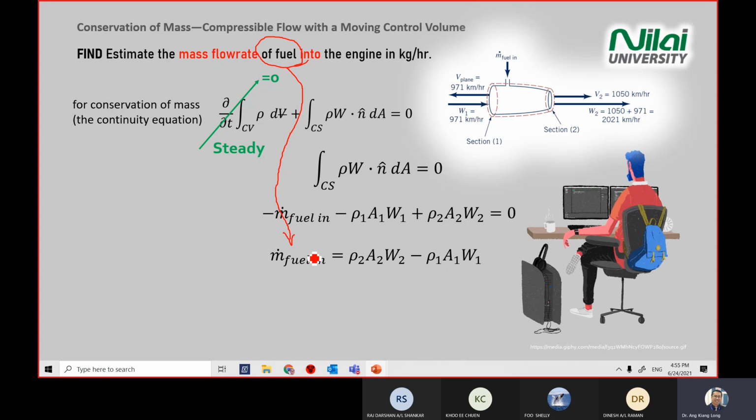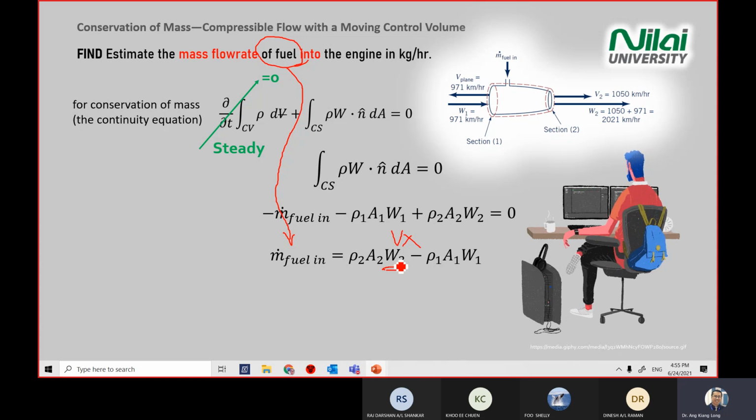Then, because we are interested in finding the fuel component, we just rewrite the equation. You put the m dot fuel in on the left hand side, then you move the other parameters to the right hand side. You will get m dot fuel in equal to rho A W, not V. Be careful. In your answer, if you write V, I will give you a wrong answer. Then I will see whether your calculation is correct or not. You get no point for your equation if you write V in your answer for a moving control volume. For a moving control volume, the keyword is relative.